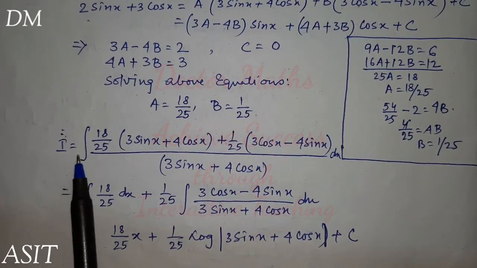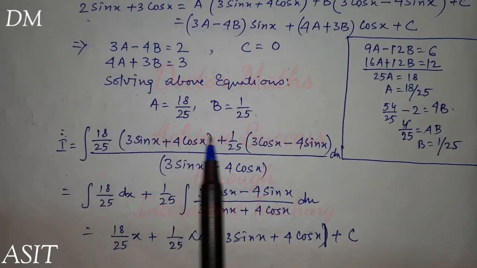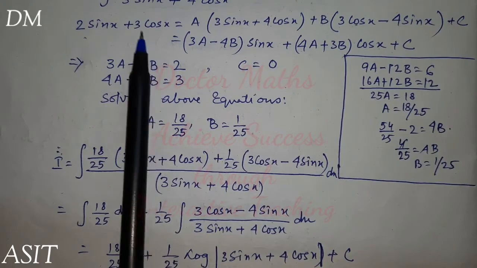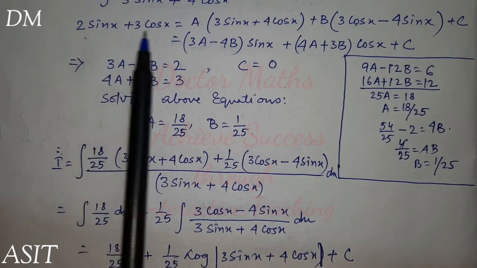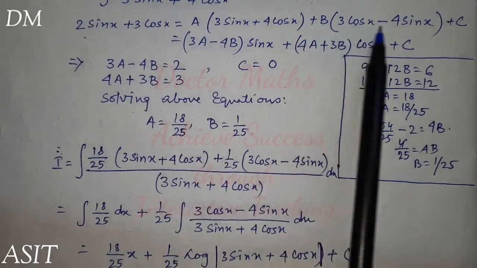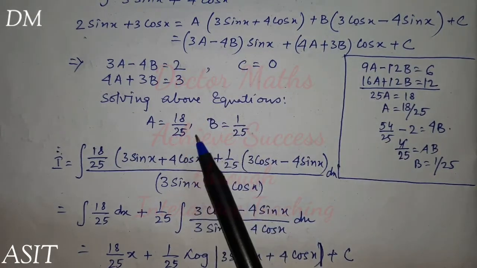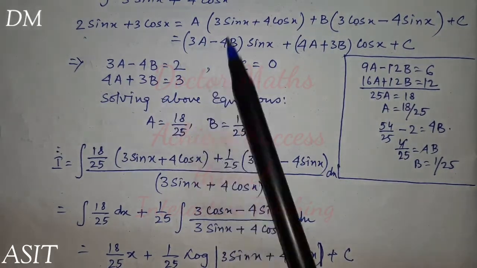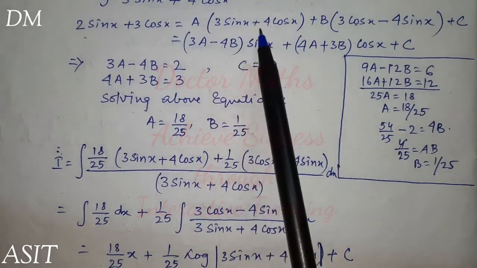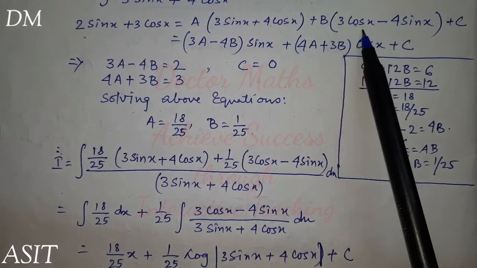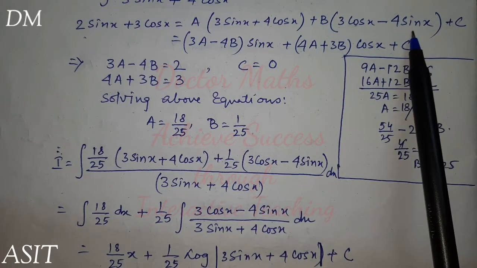Now for the integration, here I will replace the numerator by this expression with the value of a and b. So we can write 18 by 25 into 3 sin x plus 4 cos x plus 1 by 25 into 3 cos x minus 4 sin x.